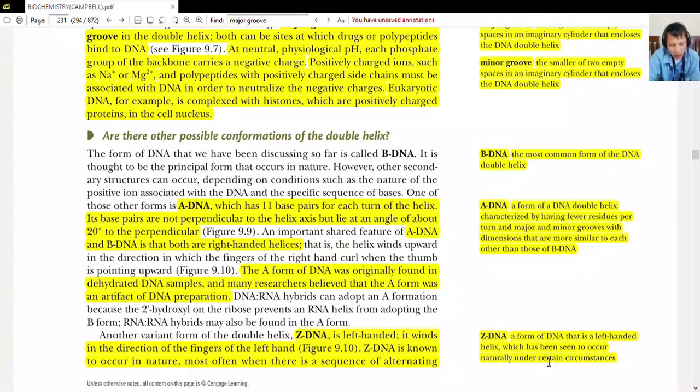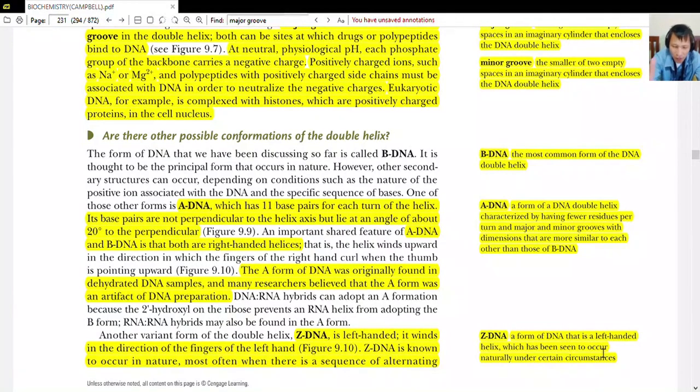cDNA is not real common, but it does exist. It is a form of DNA that is left-handed. So the difference is between right-handed and left-handed. If you arrange it from the 5' and 3' perspective, they have seen that bDNA and aDNA are right-handed, meaning they follow your right hand.